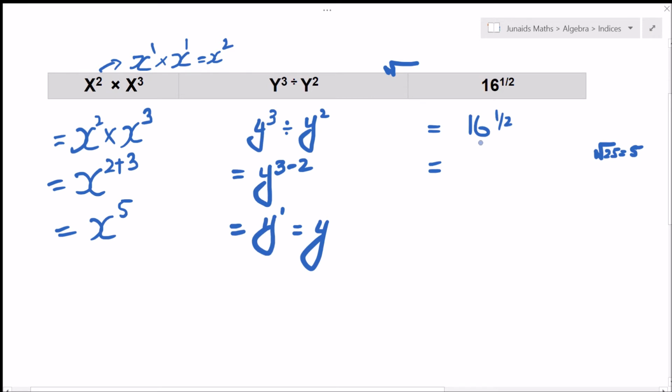In other words, the root of 16. What is the root of 16? What two same numbers do we multiply to get 16? That is 4 times 4.